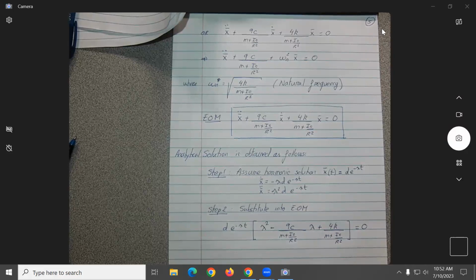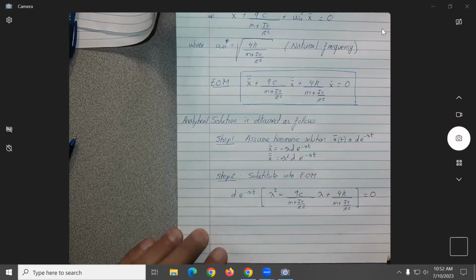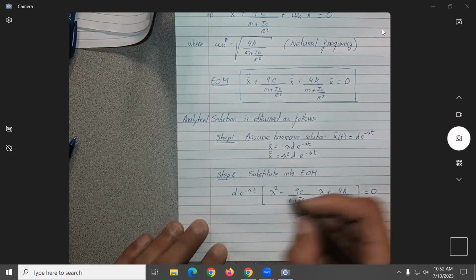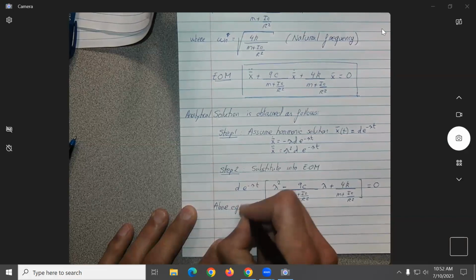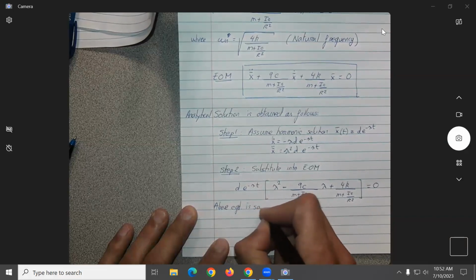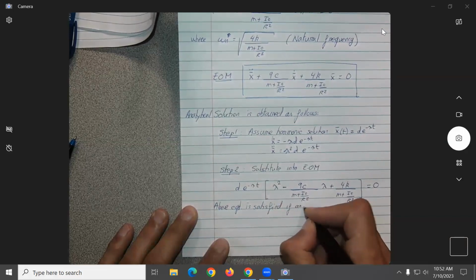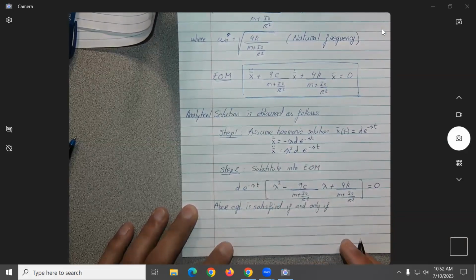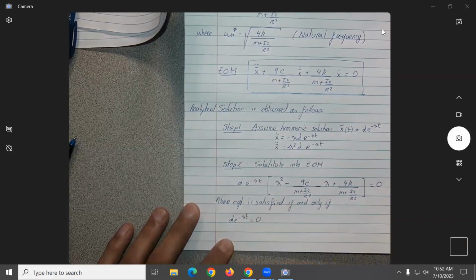Okay. All right. So over here, now what do we say? I don't know if I did that on step 3 or step 2. Okay. So what do we see here? The above equation is satisfied only if what happens? D is 0.